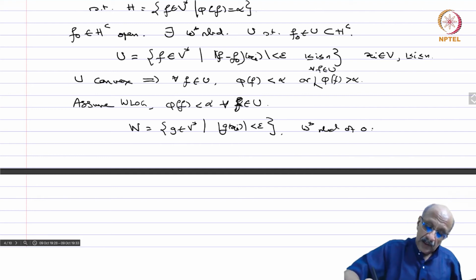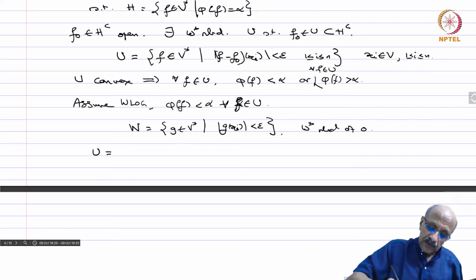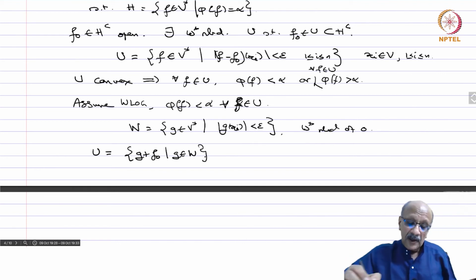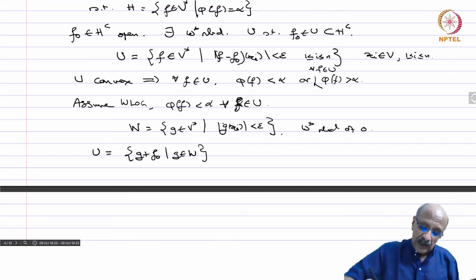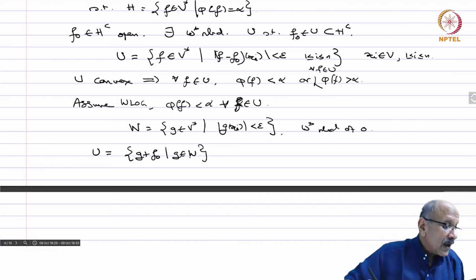Okay. Now then what is U? U is nothing but g plus f naught, g in W. Okay, so this is exactly, you put f equals g plus f naught, then g plus f naught minus f naught is g, that is less than epsilon. So every element of U is nothing but g plus f naught.